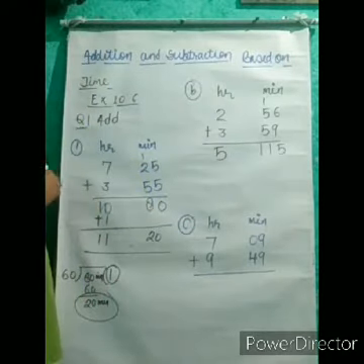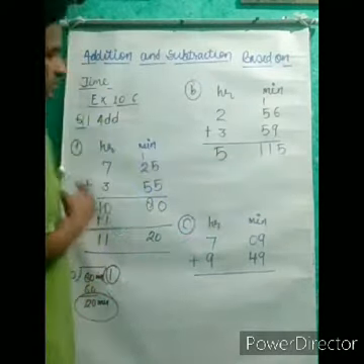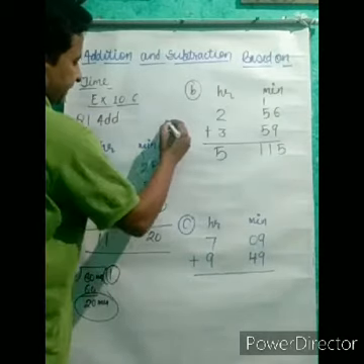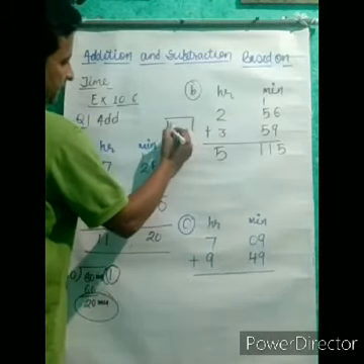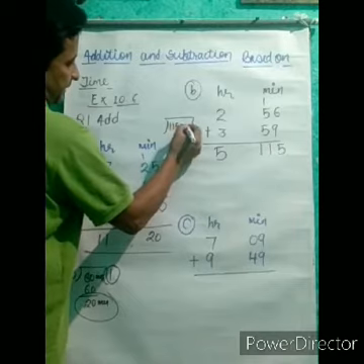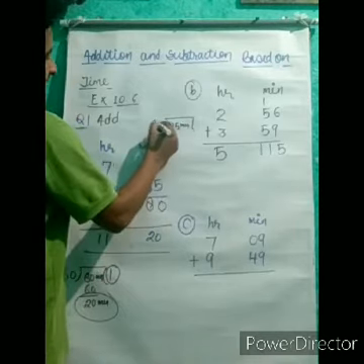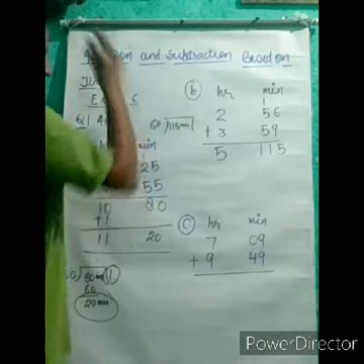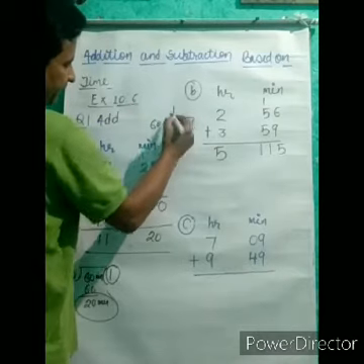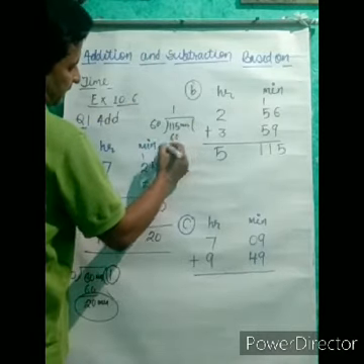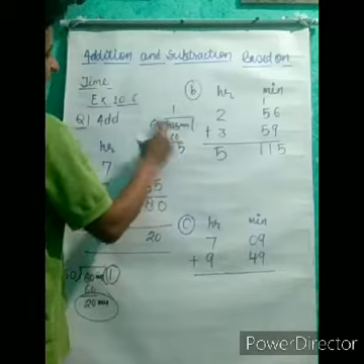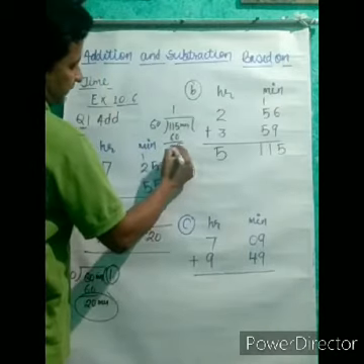Now again you can see the minutes are more than 60. So we will divide the 115 minutes by 60, and it converts into hours. 1 times 60 is 60, and 115 minus 60 is 55.